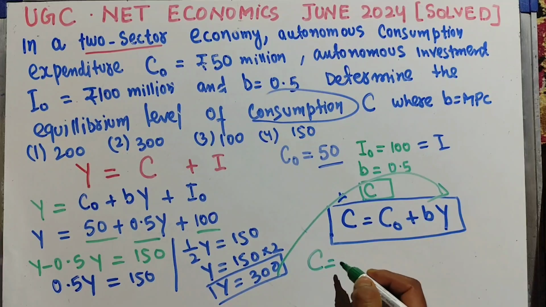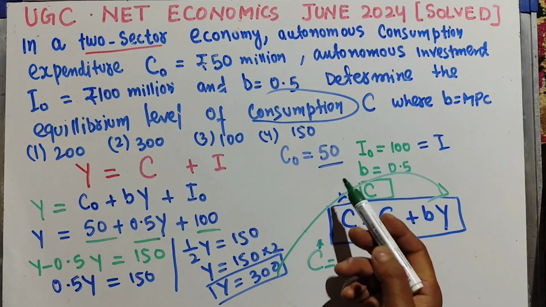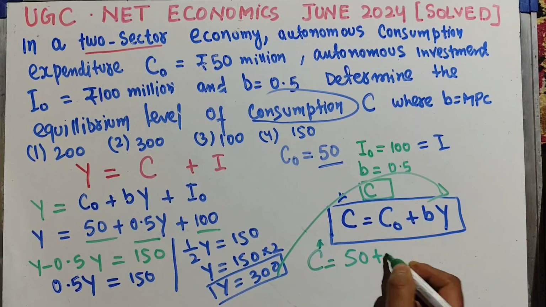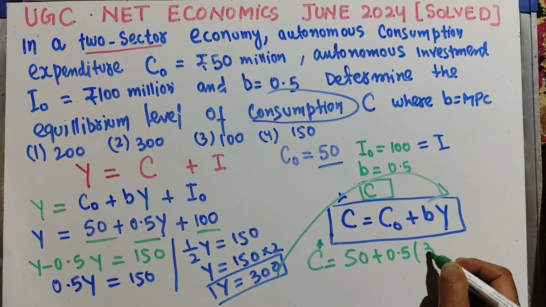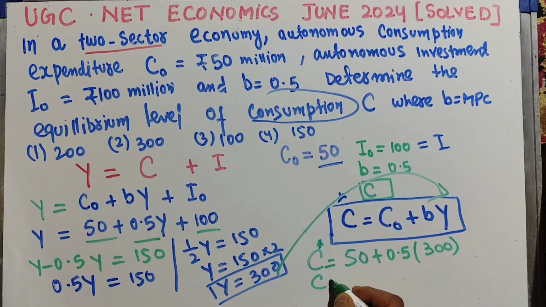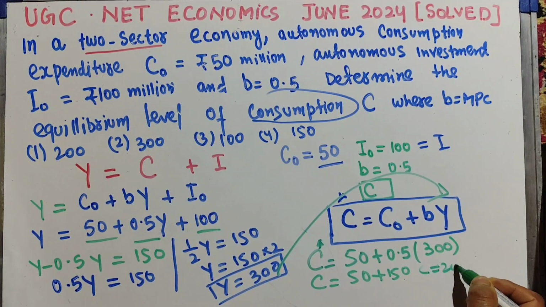C will be equal to C0, which is given as 50 million, plus the marginal propensity to consume 0.5 times the equilibrium income of 300. 0.5 of 300 is 150, so C will be equal to 200. So the equilibrium level of consumption in this economy will be equal to 200.